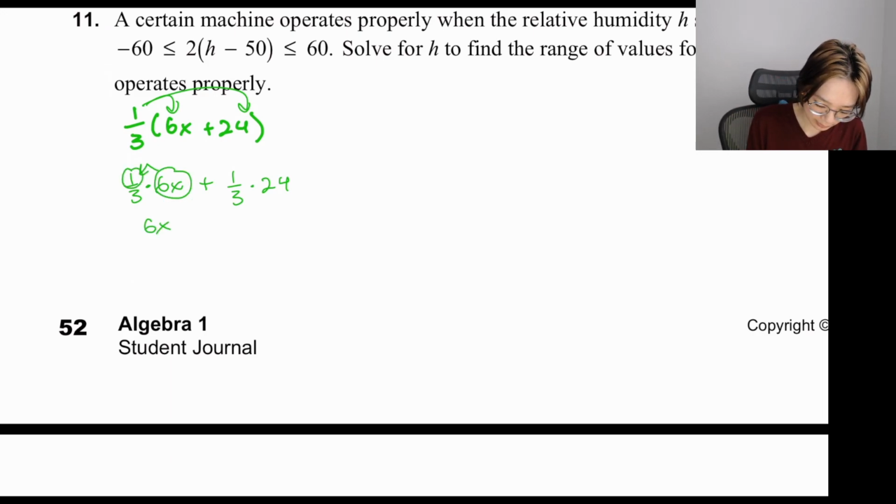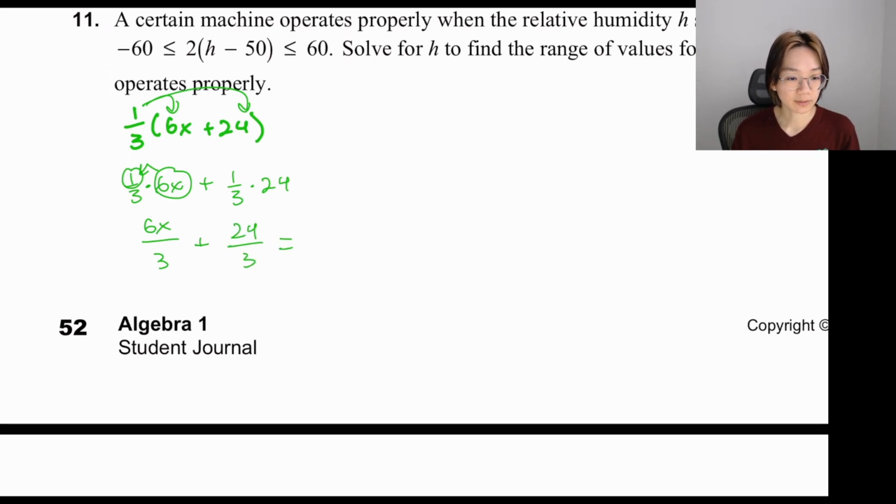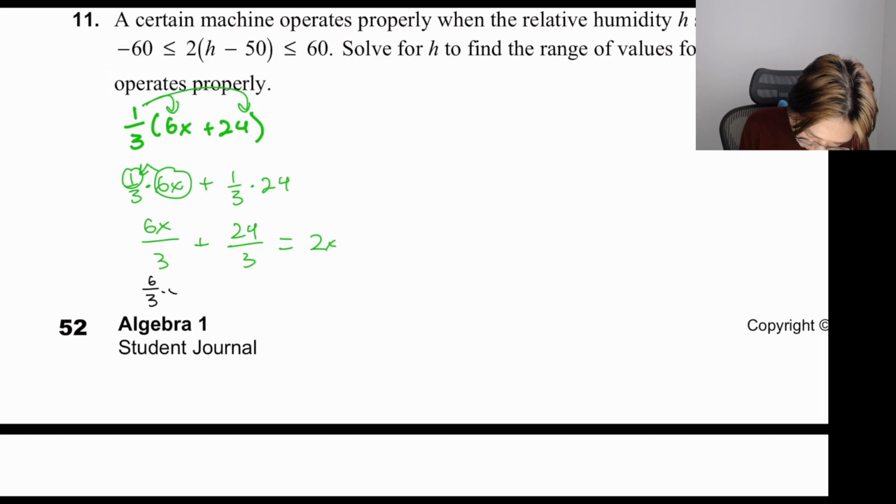So we have 6x over 3 plus 24 over 3. 6x divided by 3, it's just 2x because you have 6 divided by 3. If you really want to, that's also the same thing as 6 over 3 times x. Plus 24 divided by 3 is 8. So that whole thing simplifies to 2x plus 8.